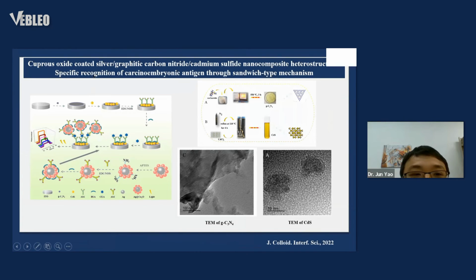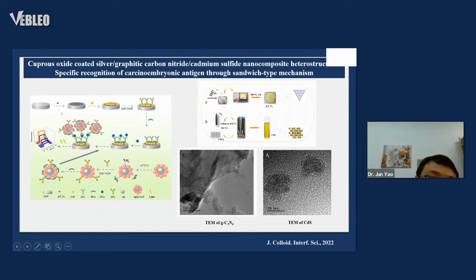In this study, we constructed copper oxide coated silver, graphite carbon nitride, cadmium sulfide nanocomplex heterostructure, which can increase the sensitivity, and we introduce the antibody 1 and antibody 2 to establish a sandwich type mode, which can specifically recognize the CEA.